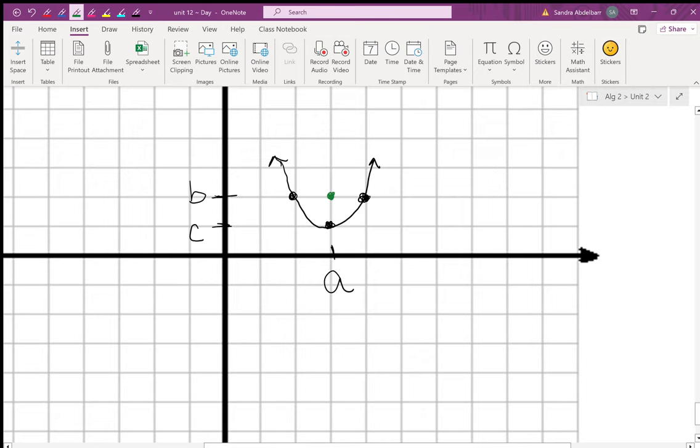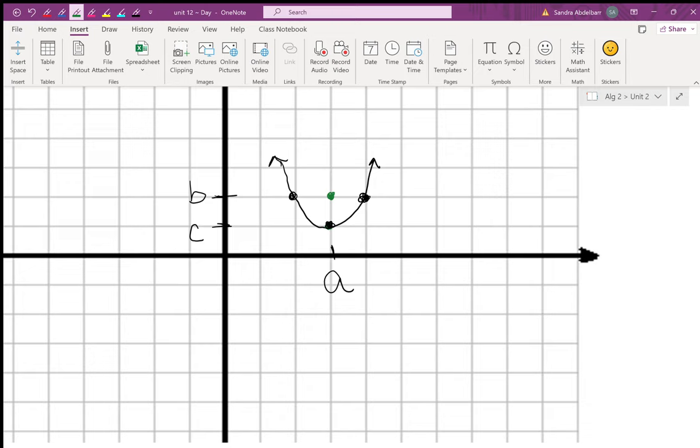I'm going to explain some things to you. So this is our parabola. So remember the definition. A parabola is the set of all points in a plane that are the same distance from a given point called the focus and a given line called the directrix, right? Here's our vertex. I shifted this. That's okay.